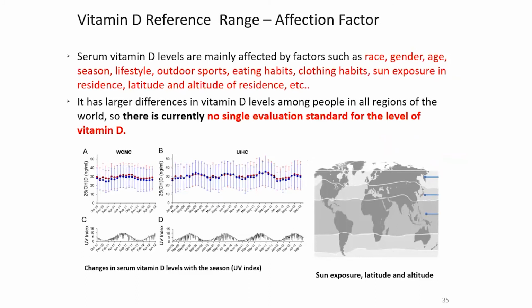These are a few factors which can affect the ranges of this particular vitamin. So there are larger differences in vitamin D levels among people in all the regions of the world. So there is currently no single evaluation standard available for the level of vitamin D to be taken as a benchmark.